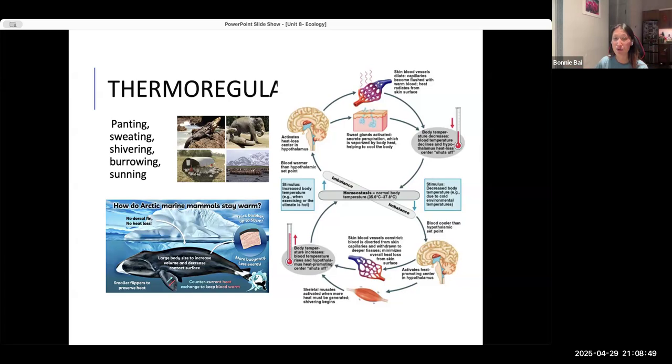On the right side, we have an example of a negative feedback loop, which we very much like. This negative feedback loop is talking about temperature regulation: too high a temperature allows your brain to release hormones that allow your skin to get dilated, right?